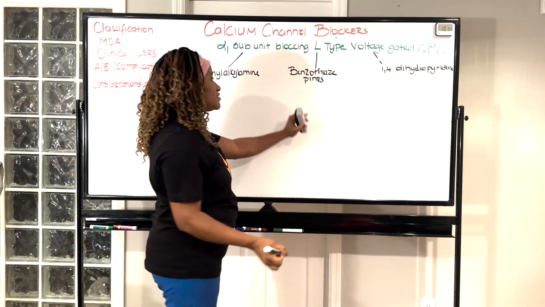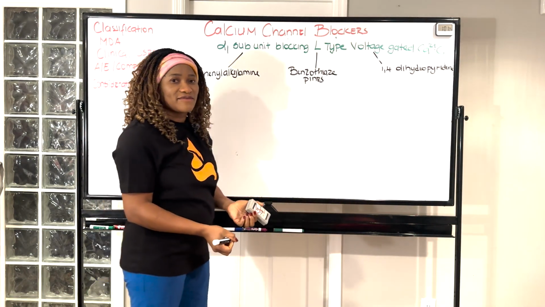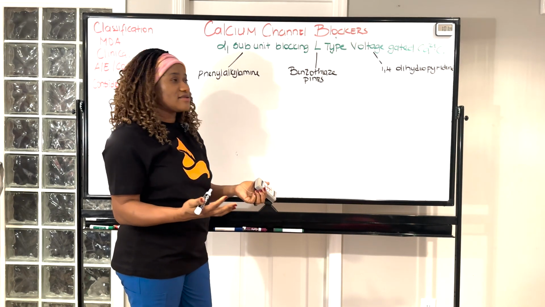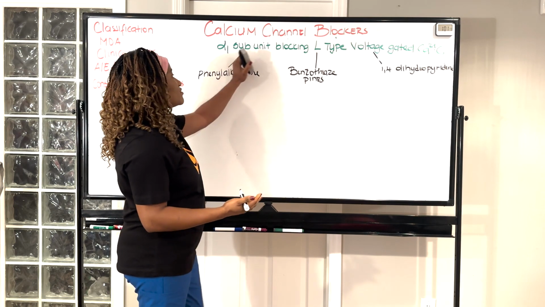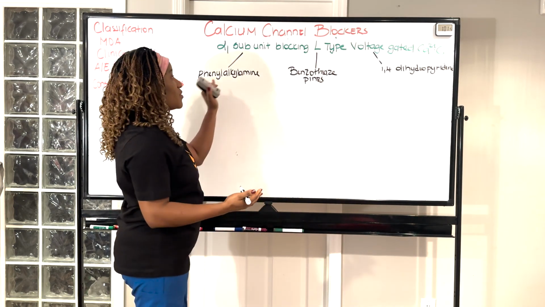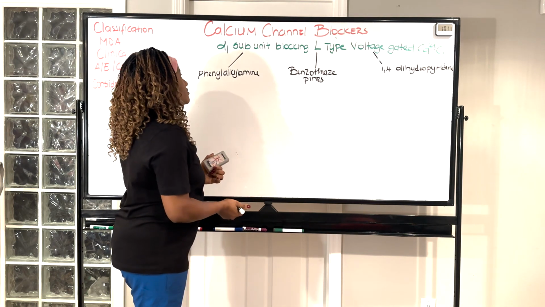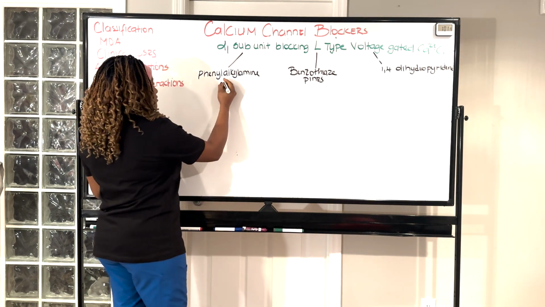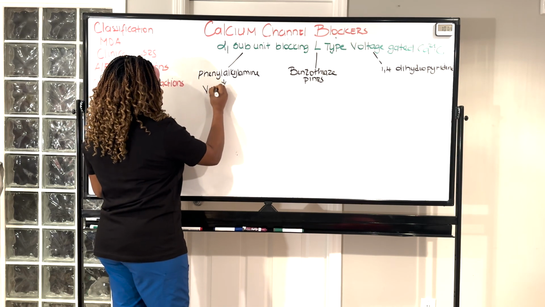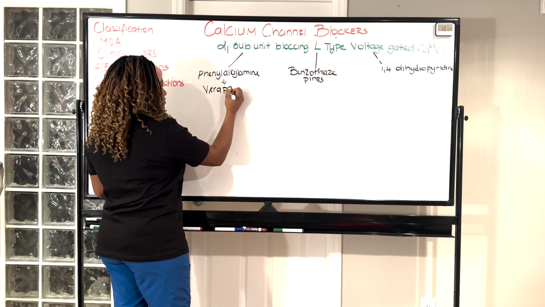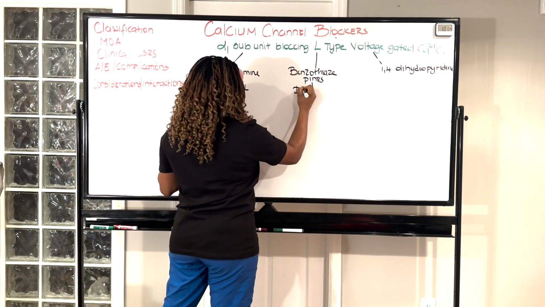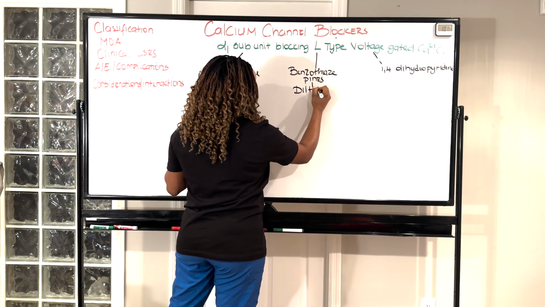So these are 3 different classes, and why are they subdivided into 3 different classes? Because they act differently, right? Even though they have the same mechanism of action, they have some specificity while blocking the calcium channels. So under the first class, we only have 1 prototype, which is verapamil. And here we only have 1, which is diltiazem.